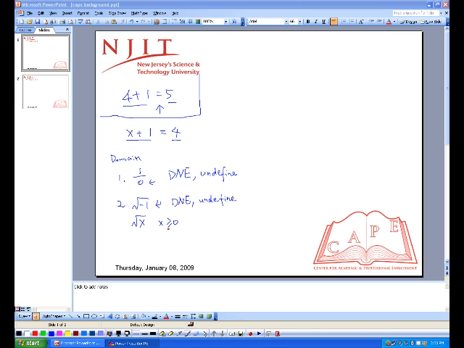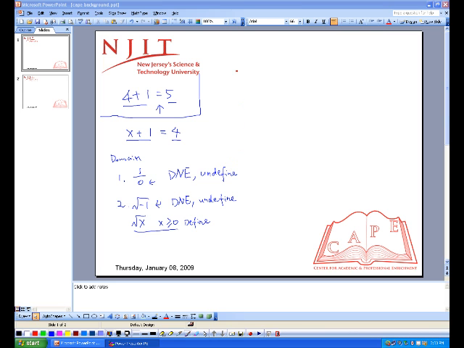This is when it's defined. Now we know the two cases where an expression is undefined. One is when the denominator is 0, and the other is when you have a square root of a negative number.